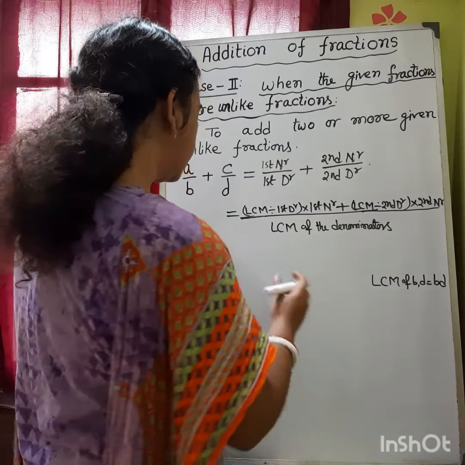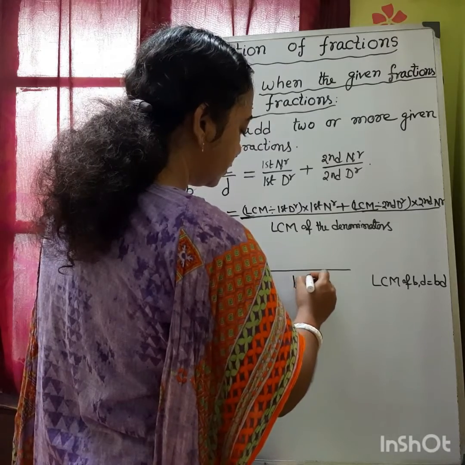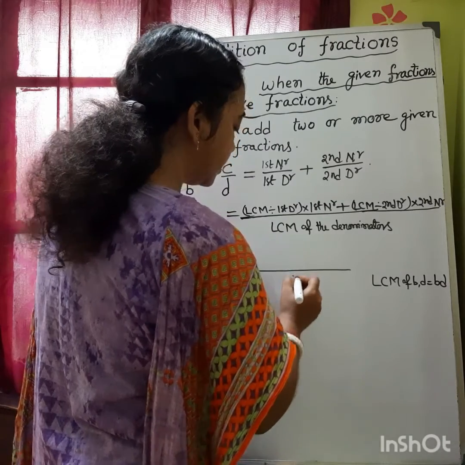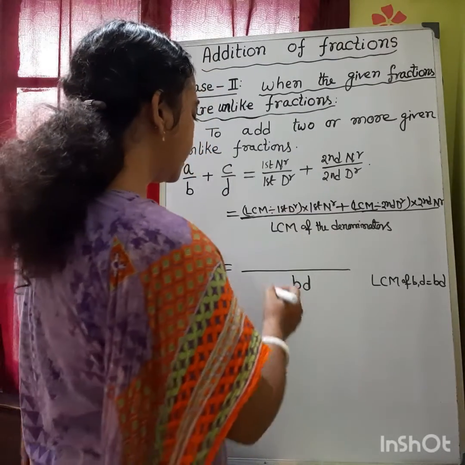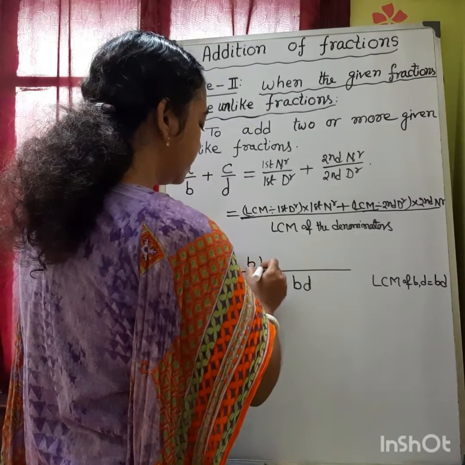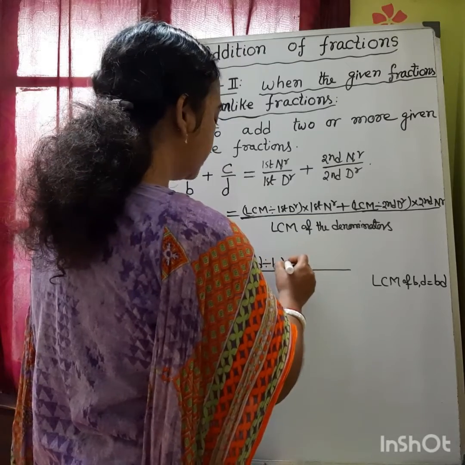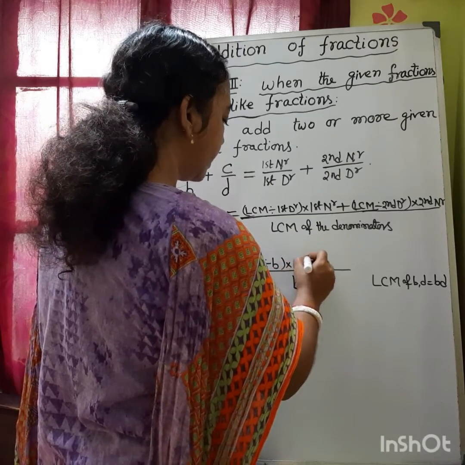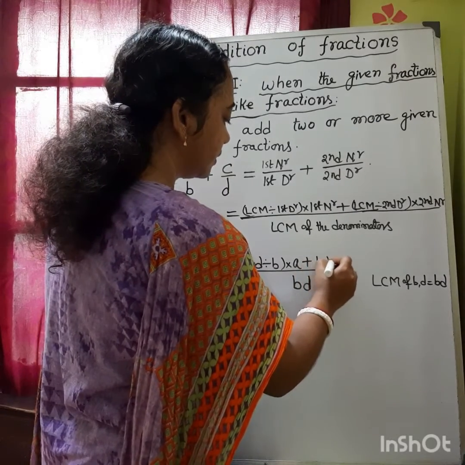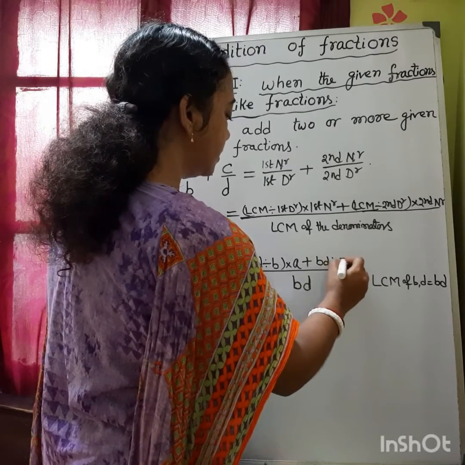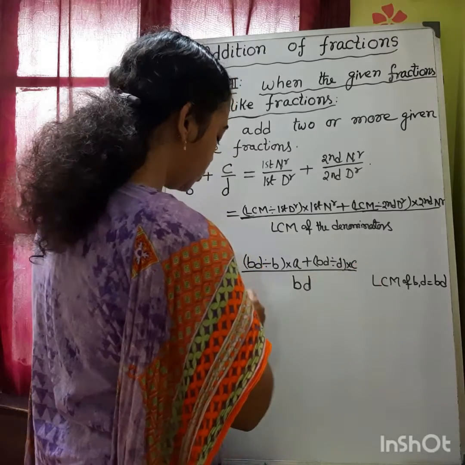So the LCM of the denominators is bd. In place of the LCM we write bd, divided by the first denominator b, multiplied by the first numerator a, plus again the LCM bd divided by the second denominator d, multiplied by the second numerator c.